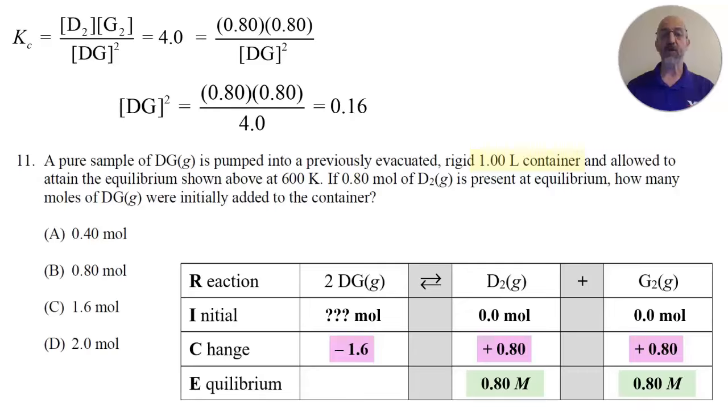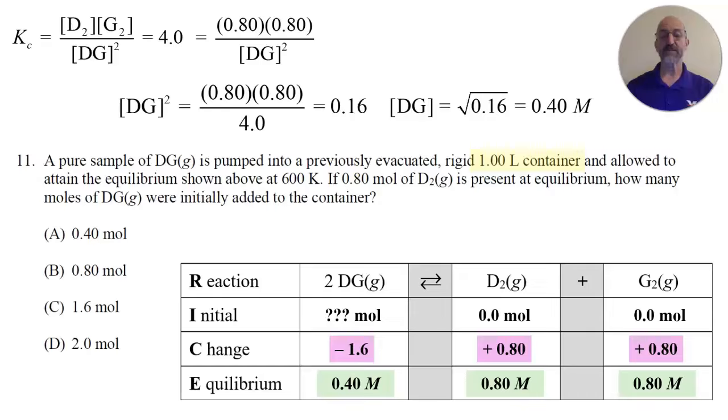So the square root of 0.16 gives me 0.40. Now that number, 0.40, represents the concentration of Dg present in the reaction vessel at equilibrium. So I will put 0.40 molar to complete the final row of my RICE table. So now I know all 3 of the concentrations of the substances present in the reaction vessel at equilibrium.